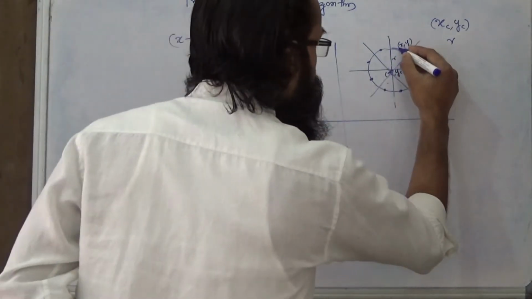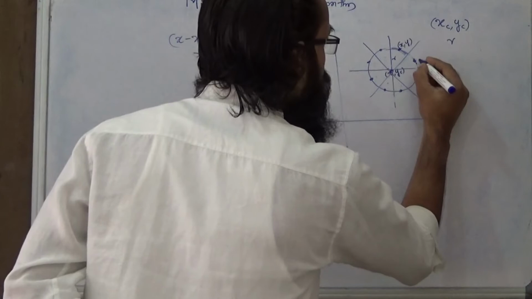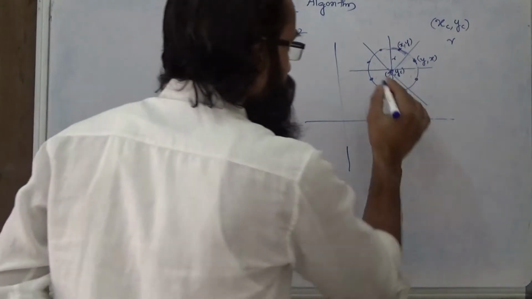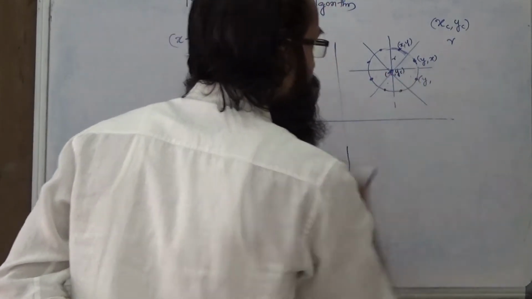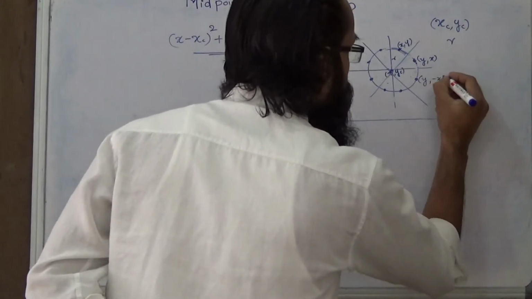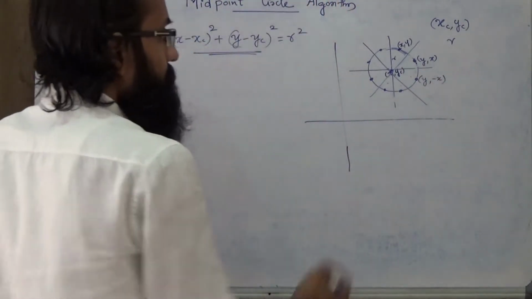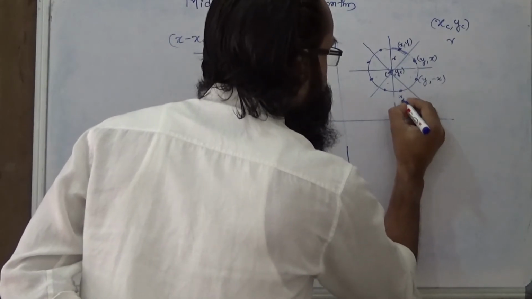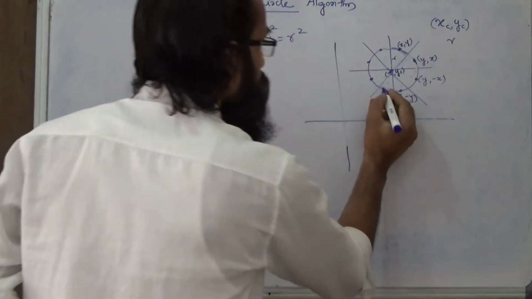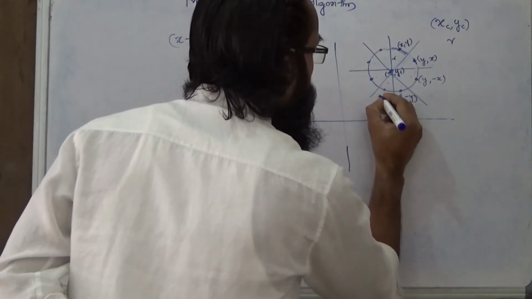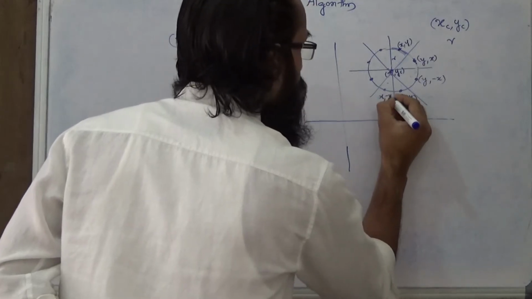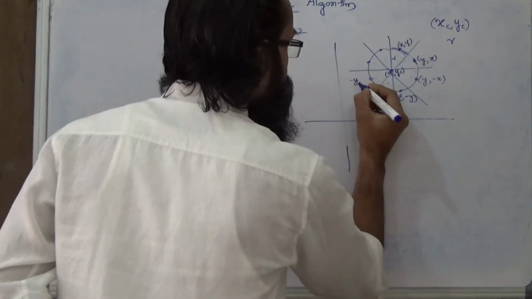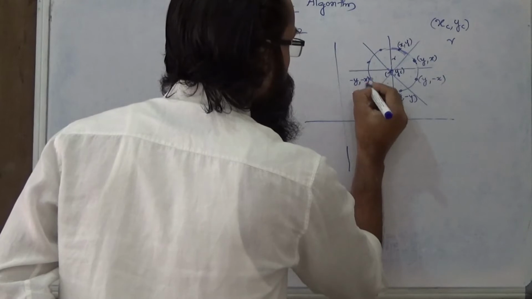For example, if x, y is this particular point, then this point will be y, x. Again, for this point the x value will be y and the y value will be minus x. This point will be x, minus y. This point will be minus x, minus y. This point will be minus y, minus x.